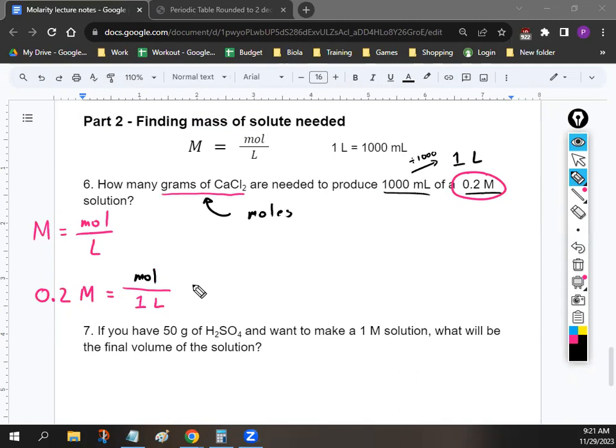It's basically the reverse of what we just did in the previous problem. All we have to do is find the molar mass. We set up that fraction again, and we can convert moles into grams. So the first step in this type of problem is first we want to find the moles of our chemical. So we're finding the moles of CaCl2.